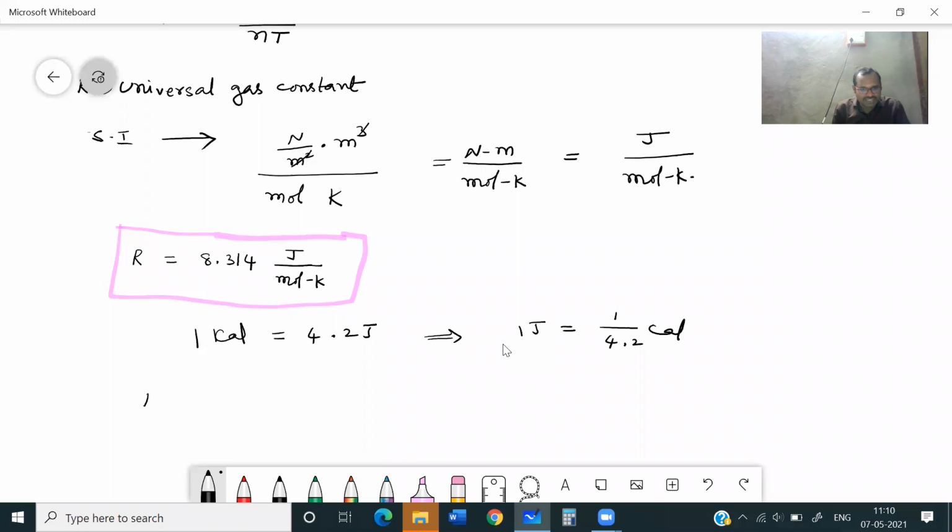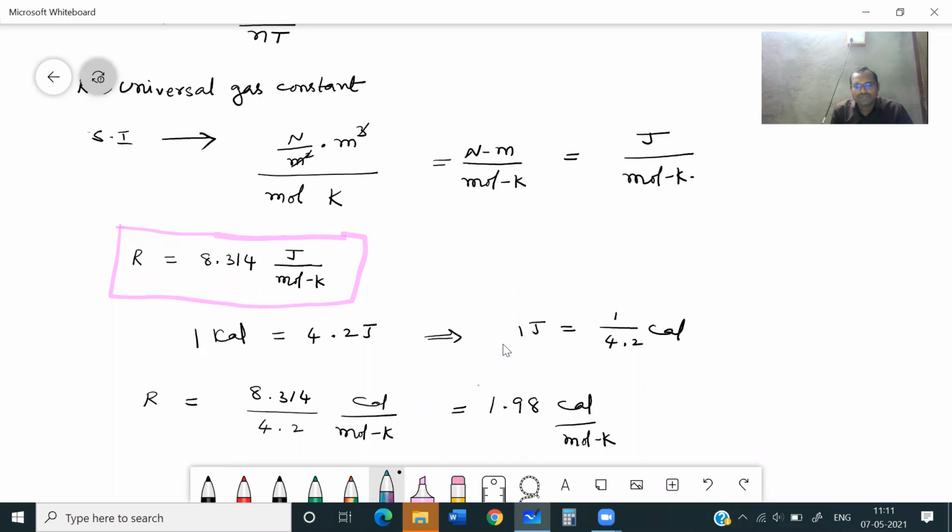Means R value will become 8.314, in the place of joule you write 1 by 4.2 calorie, so it will become divided by 4.2 calorie per mole Kelvin. Means 8.314 divided by 4.2 is around 1.98 calorie per mole Kelvin. This also you need to remember. 1.98, or around it is 2 calorie per mole Kelvin.